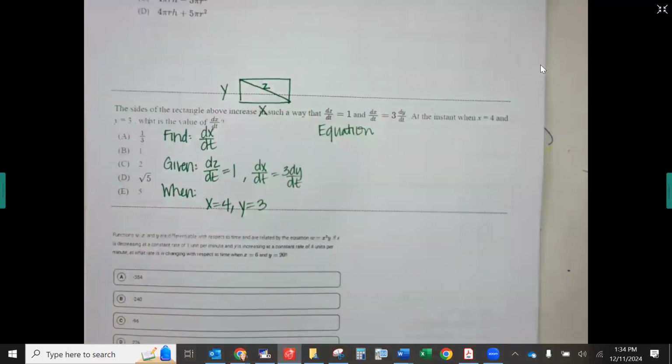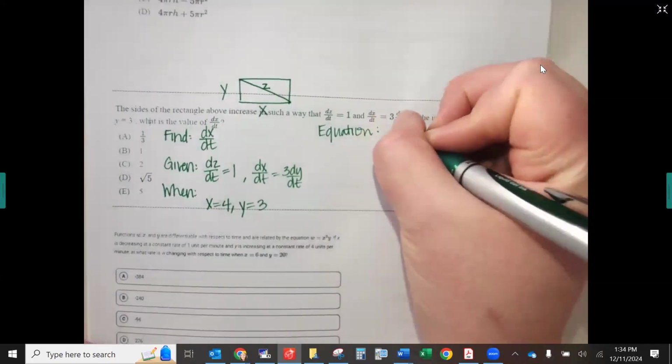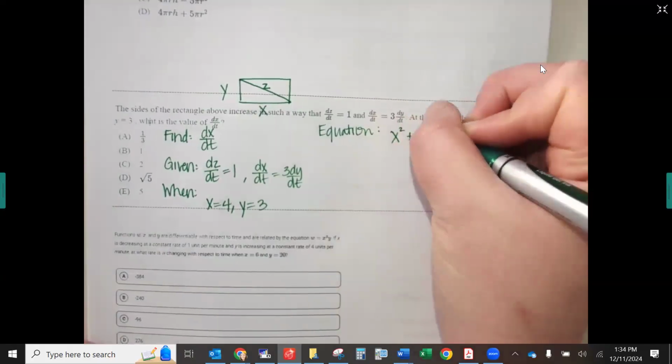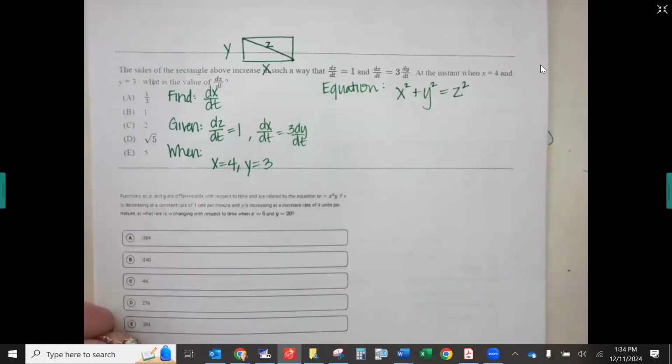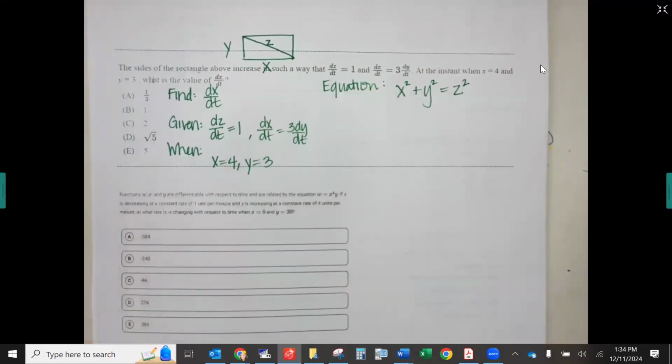Now, even though the main shape is a rectangle, x, y, and z are making what shape within the rectangle? Triangle, and it's 3 sides of a right triangle. What equation are we probably using? Pythagorean theorem. So it's going to be x squared plus y squared equals z squared. Take the derivative of that for me. What would the derivative of x squared be?